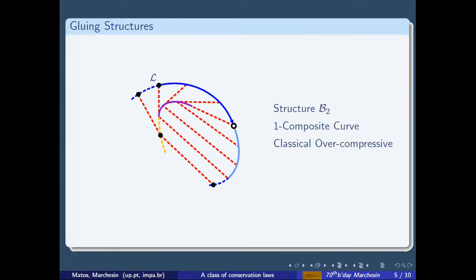Here the three curves are transversal, and here not. This one is tangent on one side, and on the other side this reaches there, forming some angle that is not zero. Well, this structure we call the fishbone structure, and this fishbone appears in a lot of situations.